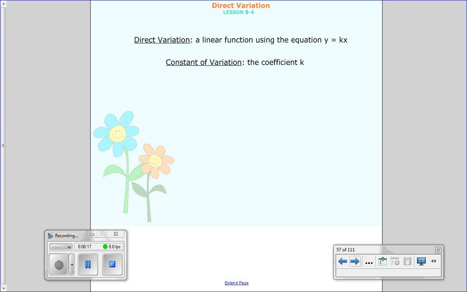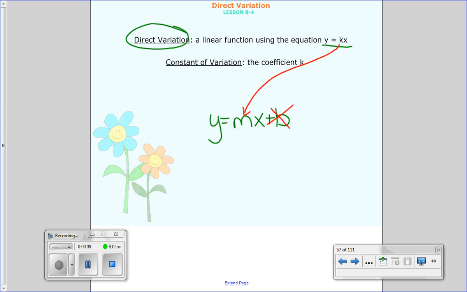In last night's lesson, we talked about slope-intercept form, which was y equals mx plus b. In tonight's lesson, we talk about direct variation. It's a linear function using just y equals k times x. So really, the only difference between them is that they change m to k, but slope-intercept adds the b.